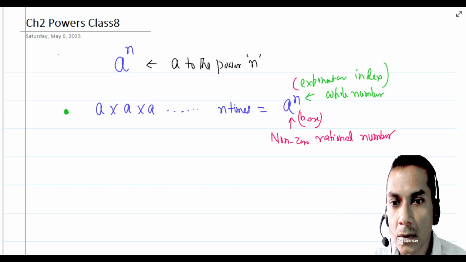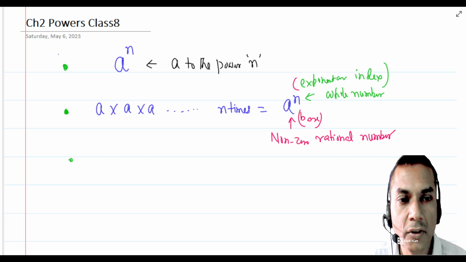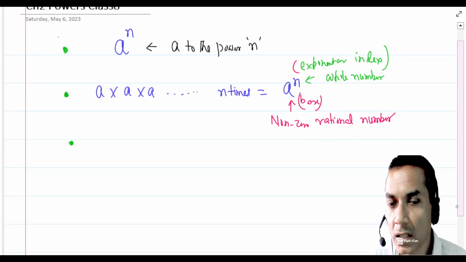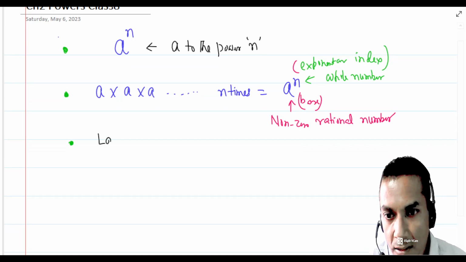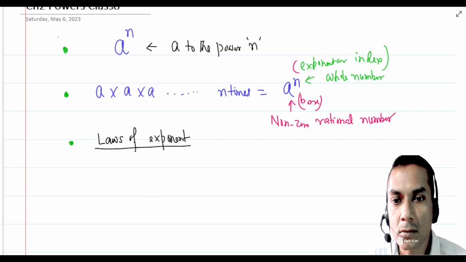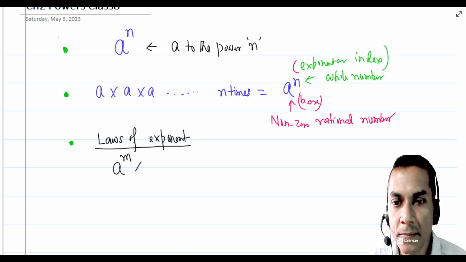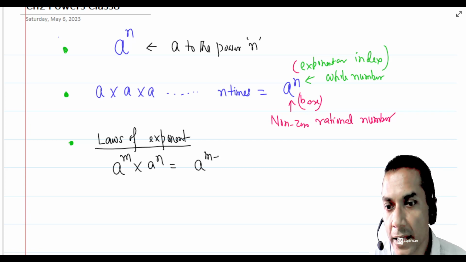Now we should remember the different laws of exponent for mathematical application. So, the laws of exponent. In general, the first law is a to the power m into a to the power n is equal to a to the power m plus n.